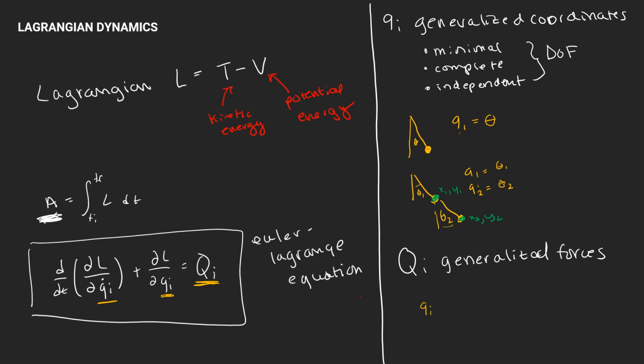If I have, again, q1 equal to theta 1 and q2 equal to theta 2, then our Q1 is going to equal this torque, which I'll call torque 1, and then we have torque 2.